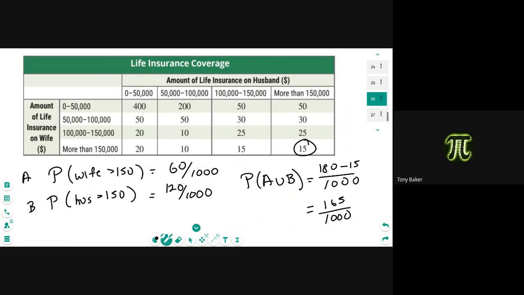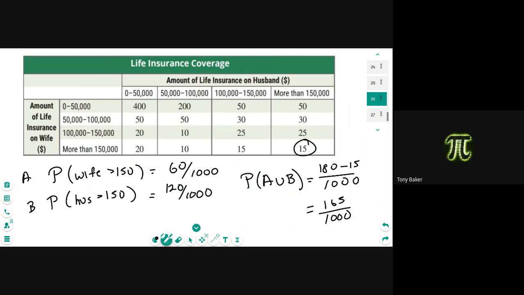What's the probability that the wife will not have between $0 and $50,000 of insurance? One option is yes, add up everything except for the top row for the women, right?